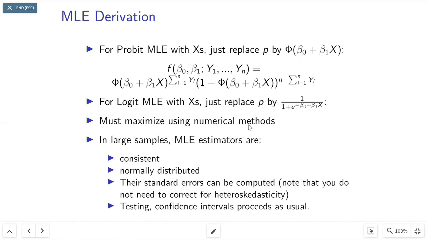Of course, we can use R to do the computation for us using the glm function, so we don't have to do this by hand. Once you have obtained the MLE, you will see that they have all the nice properties here. They are unbiased, consistent, normally distributed, efficient, and we can do testing on these MLEs, and we don't have to worry about the heteroscedasticity problem anymore.